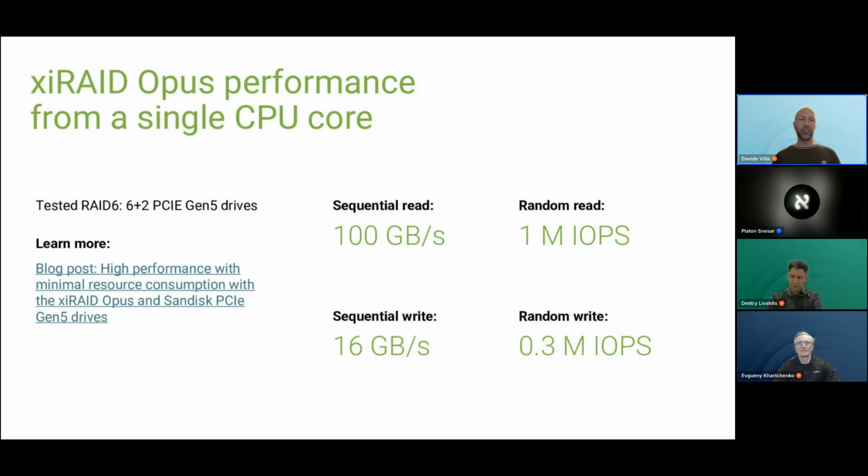The beauty of xiRAID Opus by working in polled mode is that we can achieve even higher performance than what we can get when operating within the kernel. And this is extremely valuable when we look at random operations.